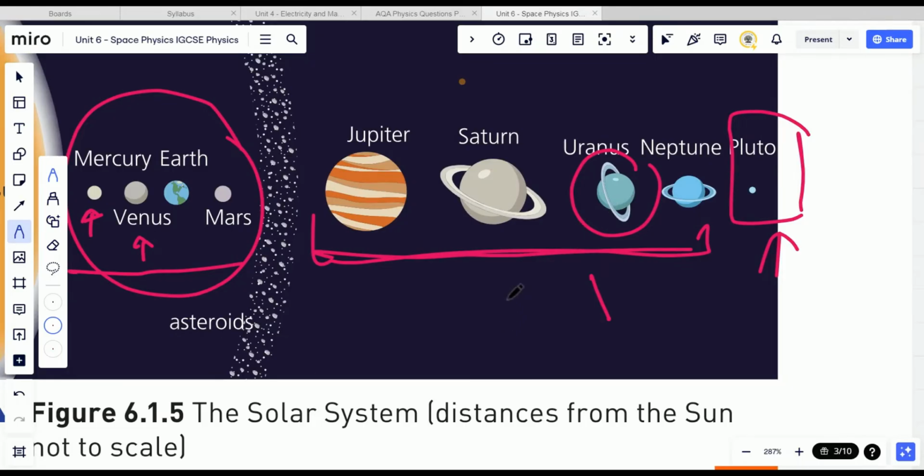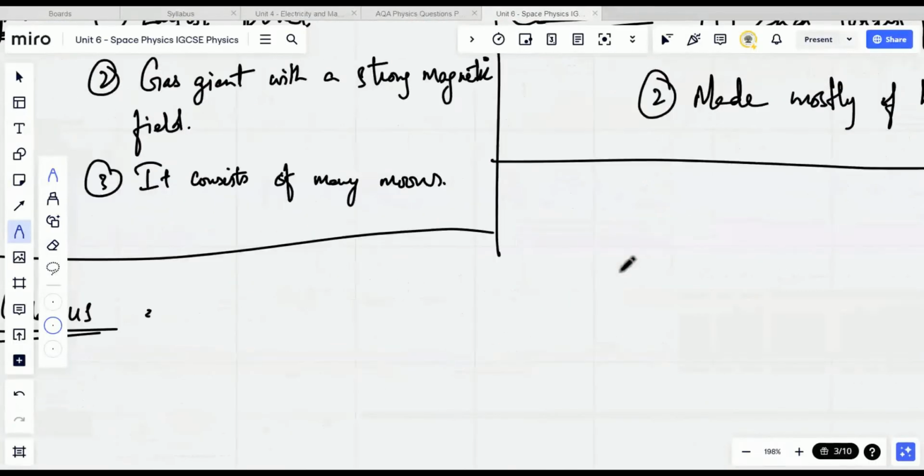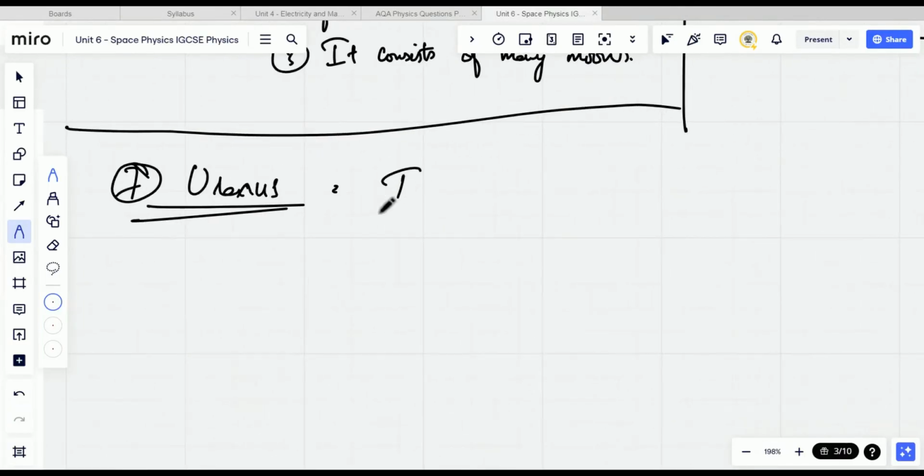Why are the rings like that? The planet is tilted, and it's rotating also in the same tilt. There's the Sun. This is a unique thing about Uranus, that it rotates on its side. Got it? Remember this. It's a very interesting fact about it. I'll write here: it rotates on its side. Guys, 1 minute. So you need to remember this. This is 1 point.